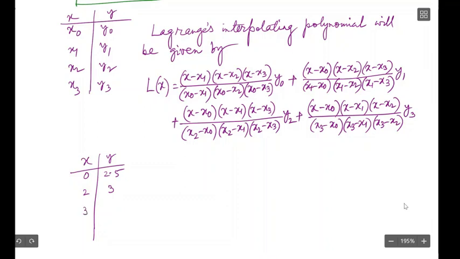At x equals to 3, it is given by 4.5, and at 4 it is given by 6. Suppose these 4 values of y are known, and based on these 4 values we will find the Lagrange's interpolating polynomial, which will be matching with those values 2.5, 3, 4.5 and 6 at the points 0, 2, 3, 4.